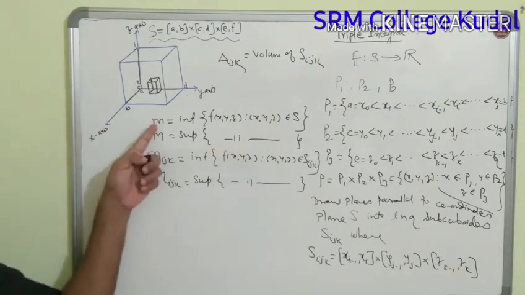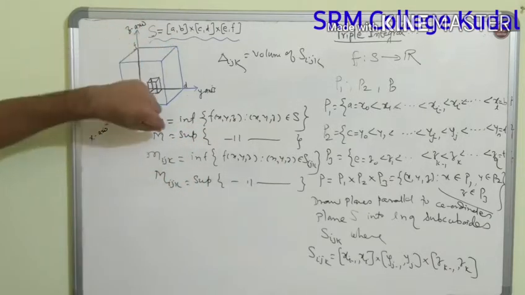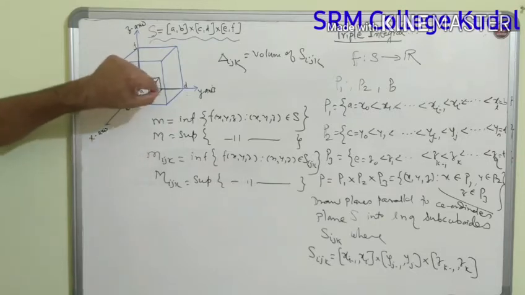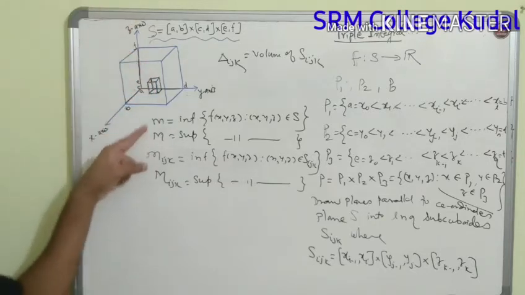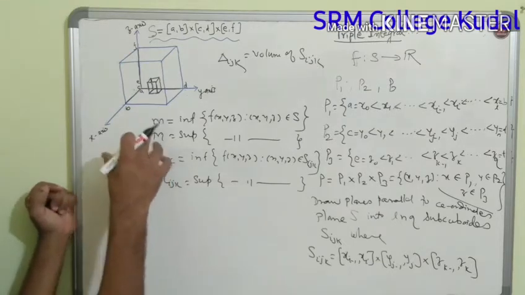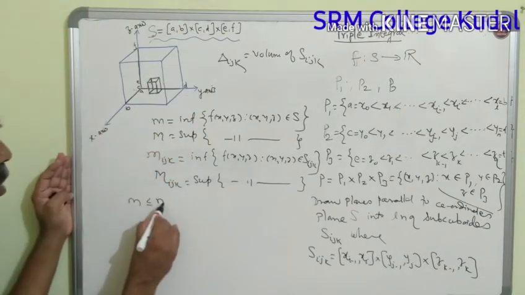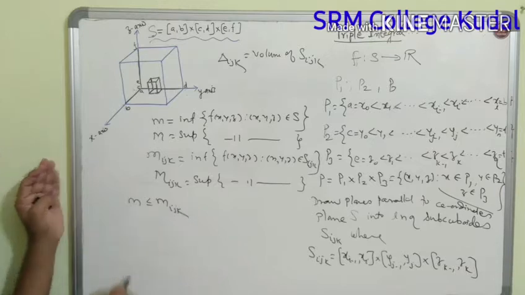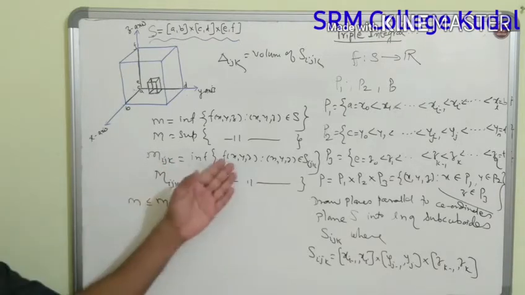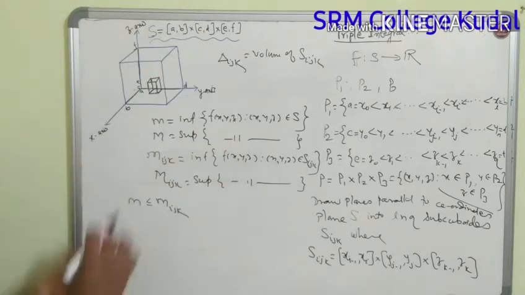Then, as m is the infimum of f on the whole cuboid and mijk is the infimum on the smaller part, what is the relation between these two numbers? This is the smallest value of the function on the whole of S, and this is the smallest value of the function on a particular part.